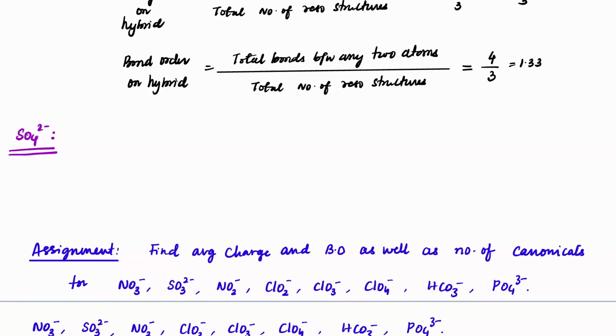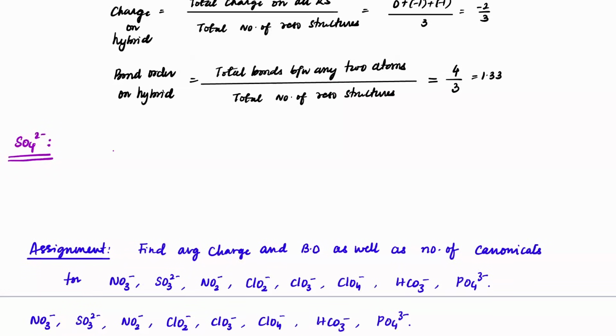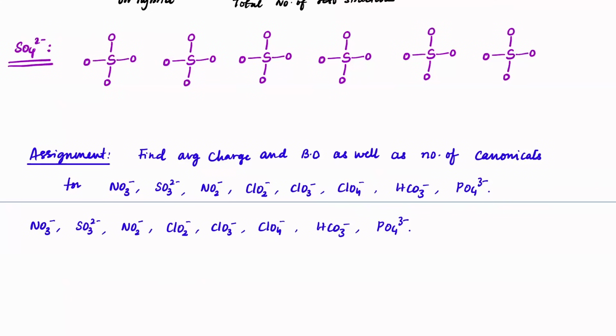Okay, let me write that and show you. Sulfur, which has 4 bonds this way, 4 oxygens. Check if you get a total of 6. Let me show the bonds now. 2 double bonds here and minus here.